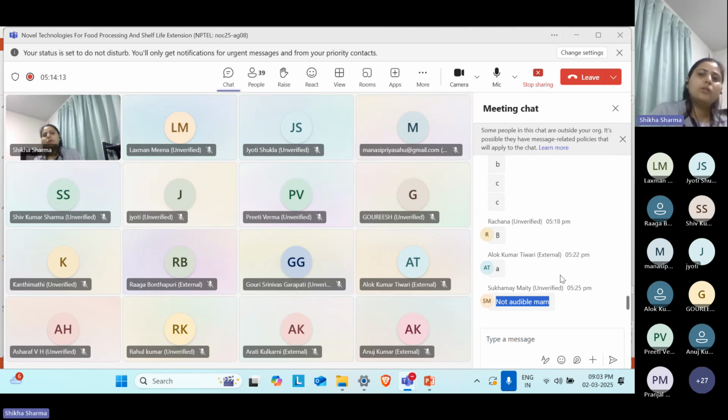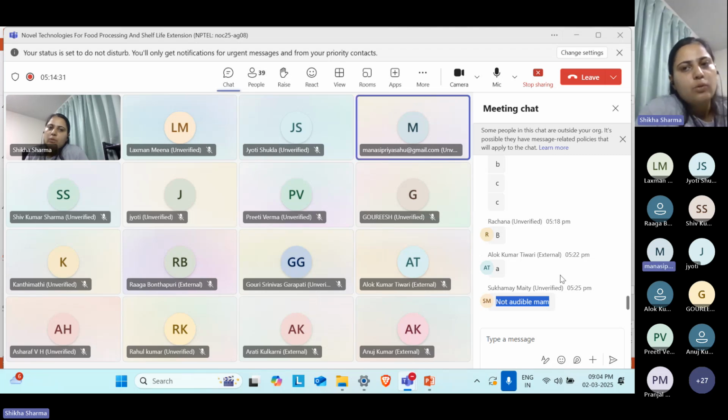Okay. What is the difference between RM and Polenske value? It's very similar, no? She has told two of them. Polenske value measures the amount of volatile fatty acids present in the oil.